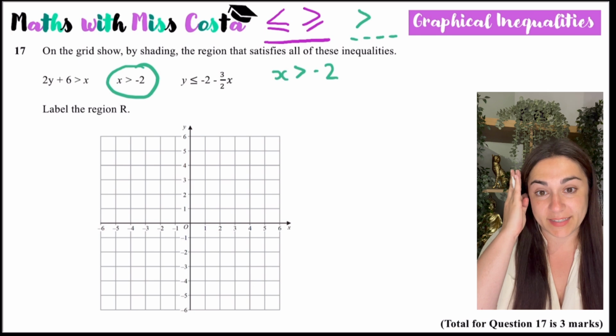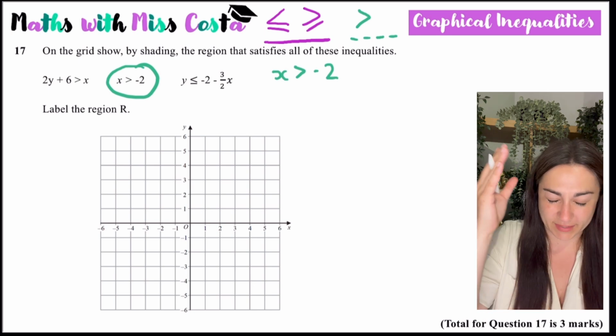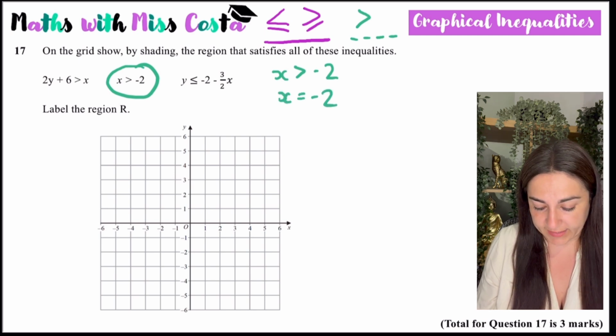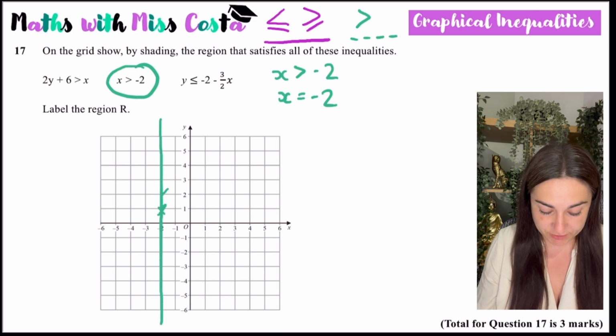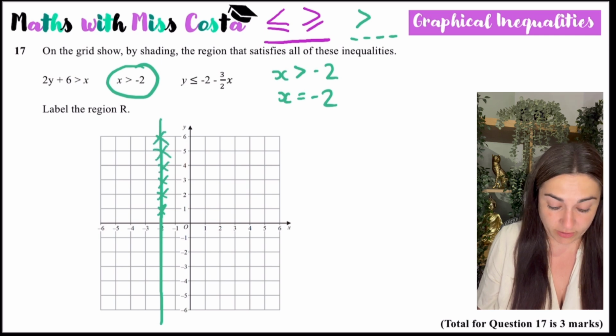But what I'd recommend is drawing them in pencil first and then going over them, because sometimes it's difficult to remember all of that. So x is greater than -2. Where's the line? x equals -2. That line would be over here because it crosses the x-axis at -2, which means every coordinate on this line has an x coordinate of -2.